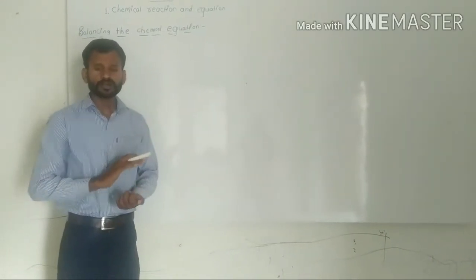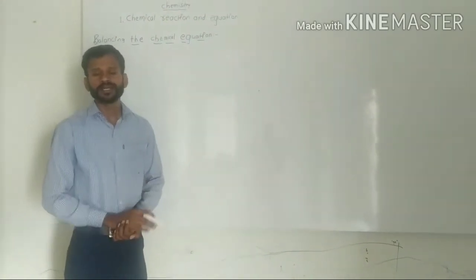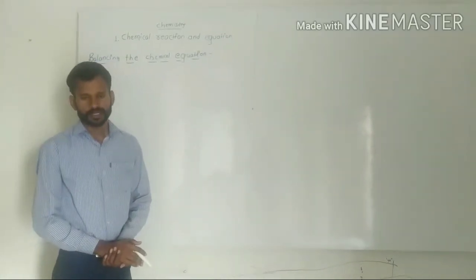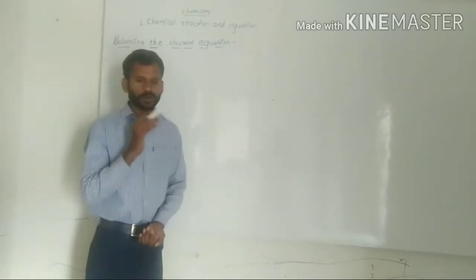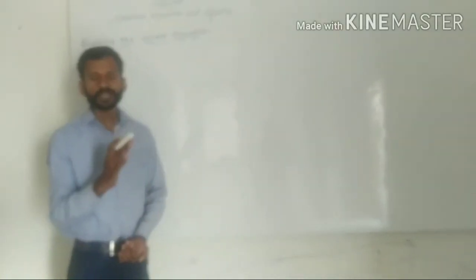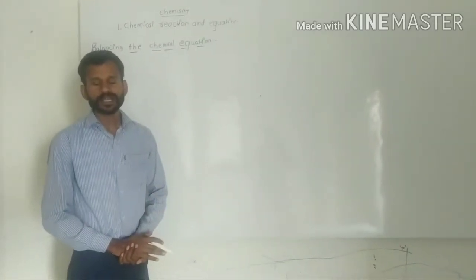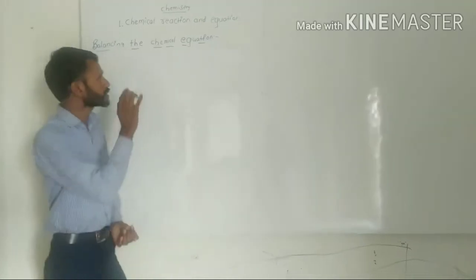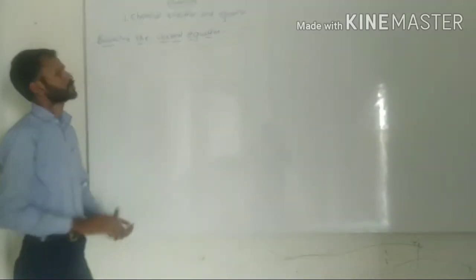Means the total chemical reaction topic totally depends upon balancing the chemical equation. So it's very important for NEET, JEE, and MHT CET. So that's why we study this very important concept first, balancing the chemical equation.